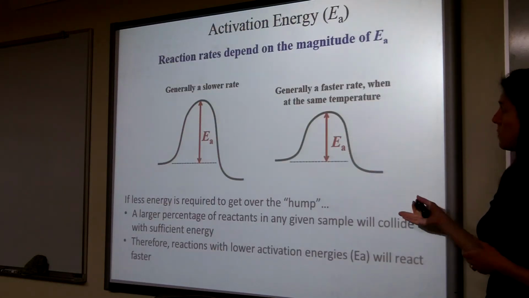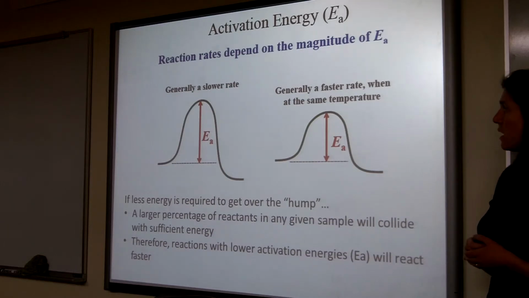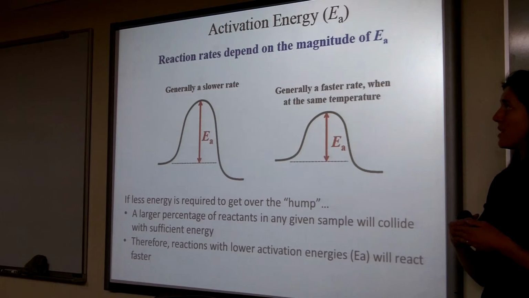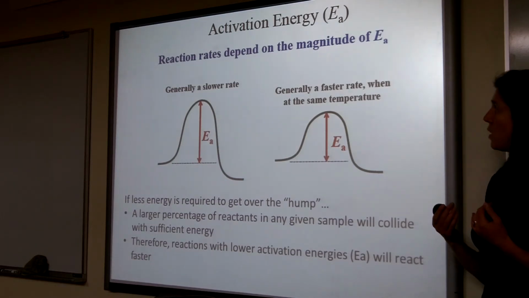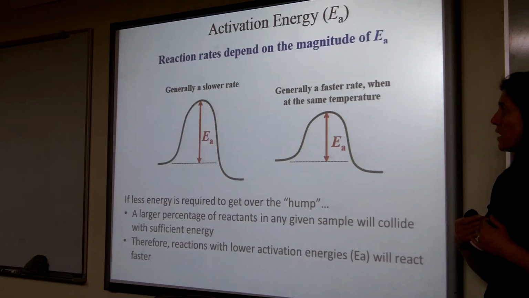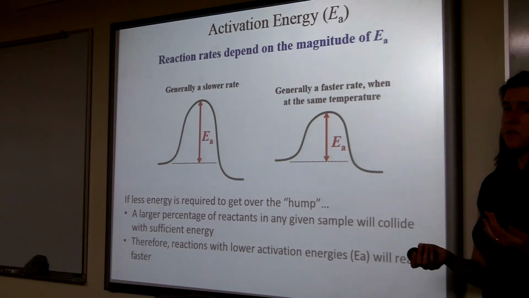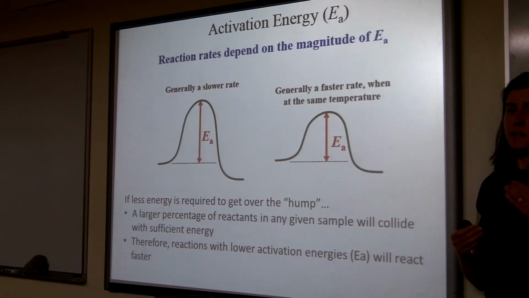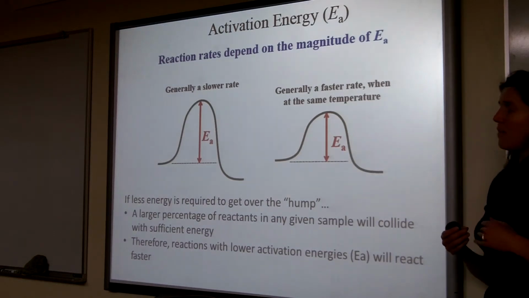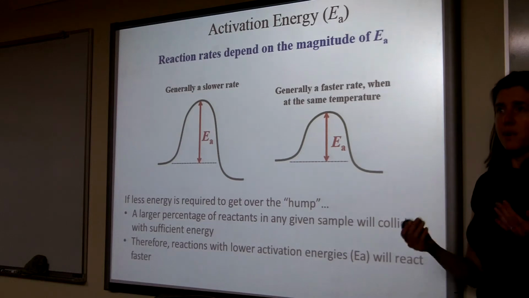Okay, and this is a picture of what I was just talking about: one of the things that will affect the rate of a reaction is the activation energy. So if you're comparing two reactions, the one with a lower activation energy will occur faster. That is because the energy required to react is lower, so you're more likely to have a collision that has enough energy to react.